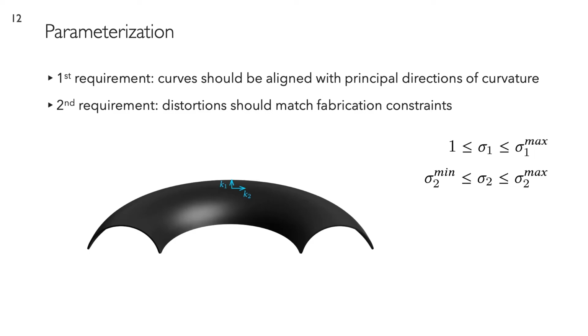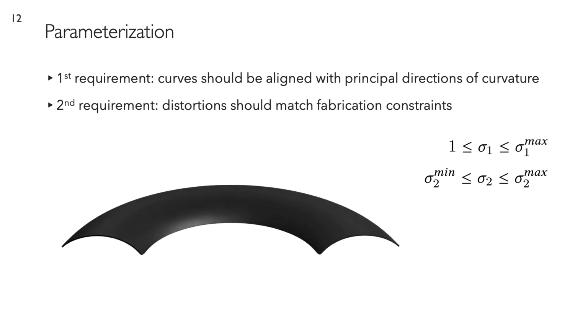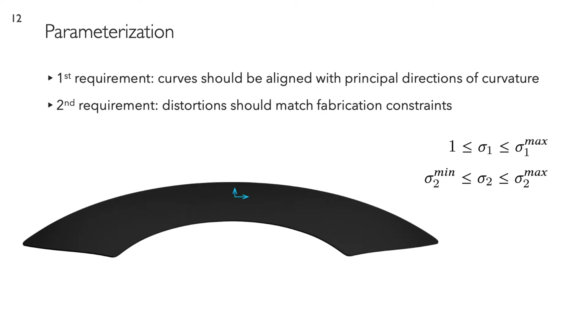So along this direction, when we flatten the surface, the ratio between infinitesimal lengths, so sigma 1, cannot be smaller than 1, because 1 means there is a continuous curve, and it cannot be larger than some value because we don't want the gaps between the ribbons to be too wide.